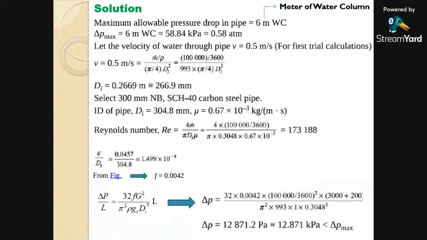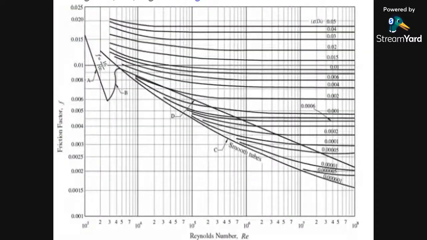Okay. And we also know that this Reynolds number and surface roughness will in turn be reflected in terms of a friction factor. So here you have to calculate the friction factor by using the Moody's chart, which is available here. This is the Moody's diagram, and from the value of the Reynolds number and the surface roughness, you can get the value of friction factor.